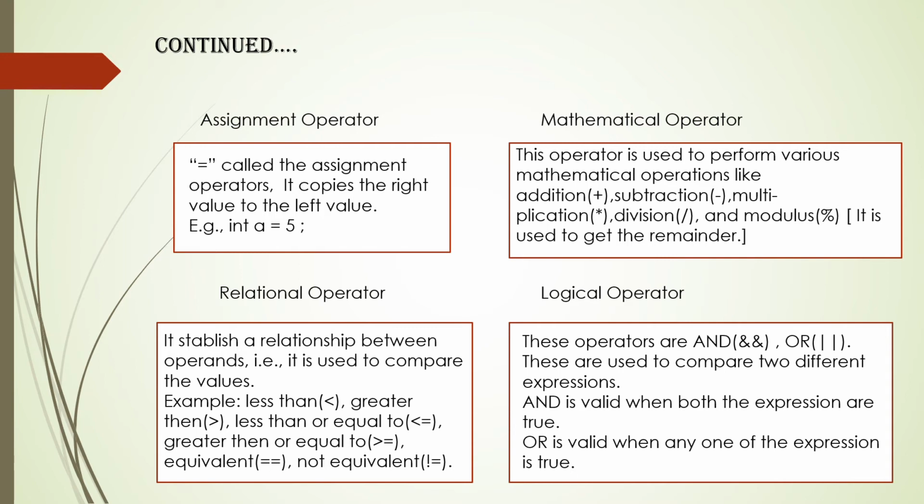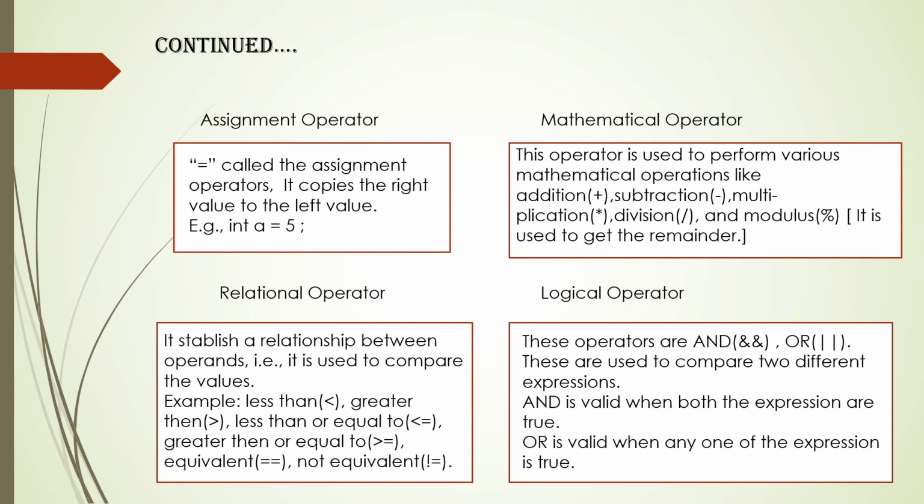Example, int a equals to 5. Here the value 5 is assigned to the variable a. Now comes the mathematical operator. It is used to perform various mathematical functions like addition, subtraction, multiplication, division. And here you should get aware of a new operator, that is modulus operator. It is represented by the percentage sign and it is used to calculate the remainder.